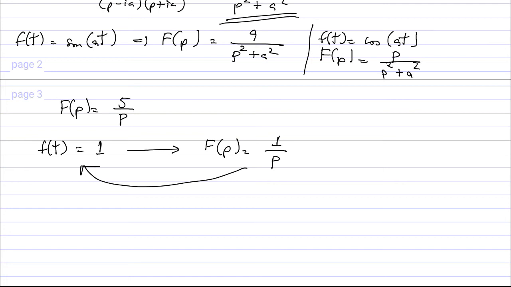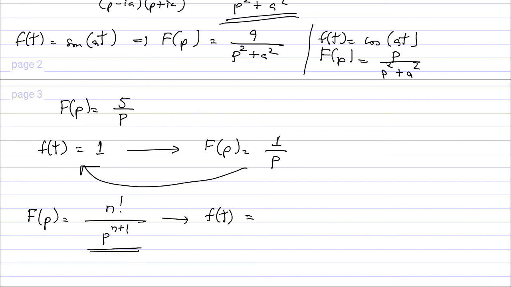If you're not able to guess, just look up the table. If you're not even able to do that, then you just have to do that contour integral. But usually in practice you don't need that. Similarly, just to drive home the point, if somebody says that f of p is equal to n factorial over p raised to power n plus 1, what is f of t? Well, you look around for the function that gives you this Laplace transform.